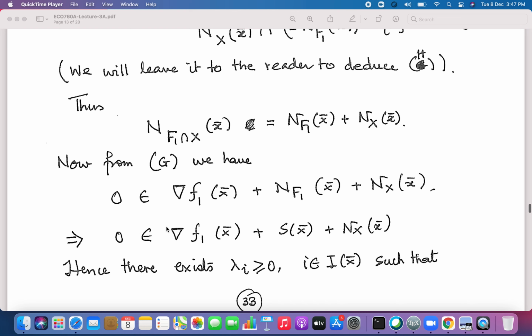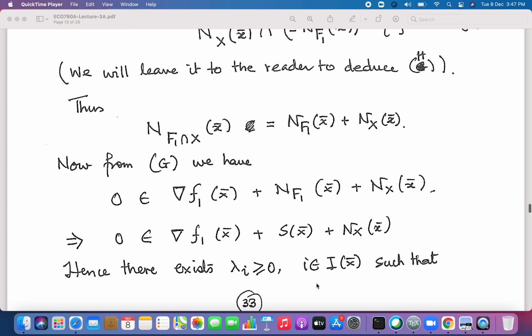So 0 is an element of grad f(x bar) plus S(x bar) plus N X(x bar). So there must be a specific element of S(x bar) and a specific element of N X(x bar), so their sum must be equal to 0 because 0 is inside this particular set, right?